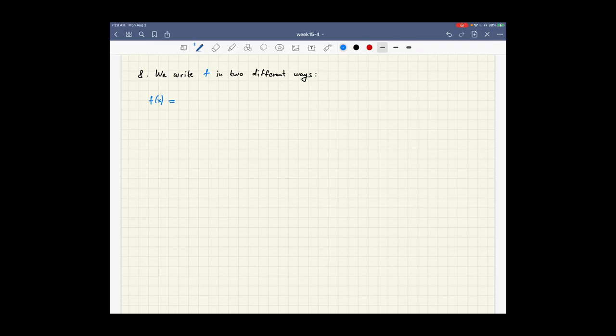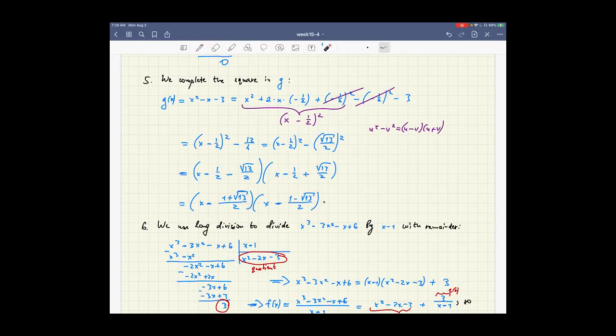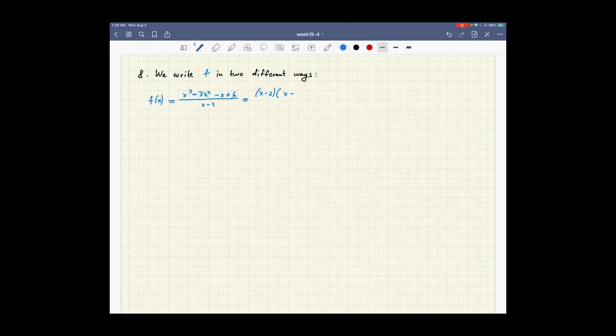So we know our function is x cubed minus 3x squared minus x plus 6 over x minus 1, which, when we factor the cubic, will be x minus 2 times the other two roots we know are this and this, so they will be x minus 1 plus root 13 over 2, x minus 1 minus root 13 over 2, over x minus 1.